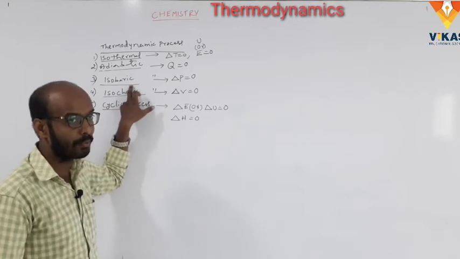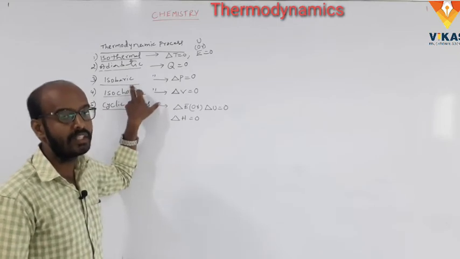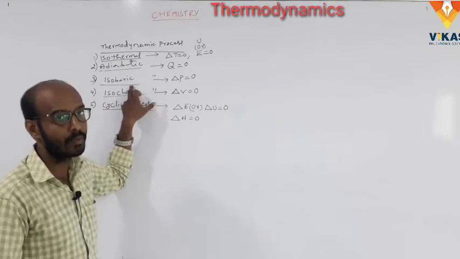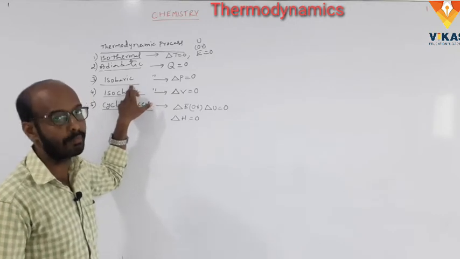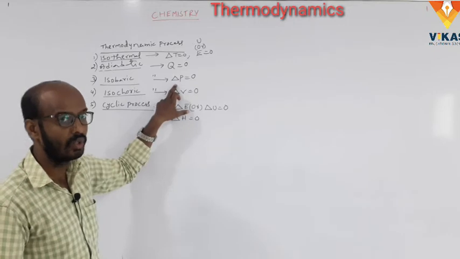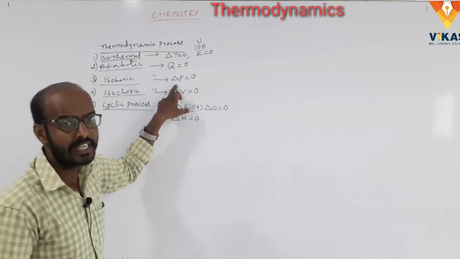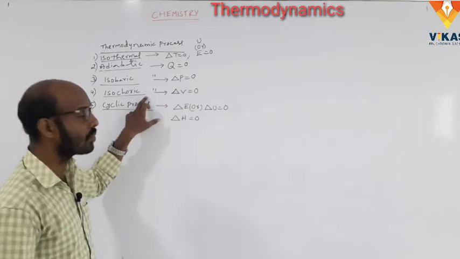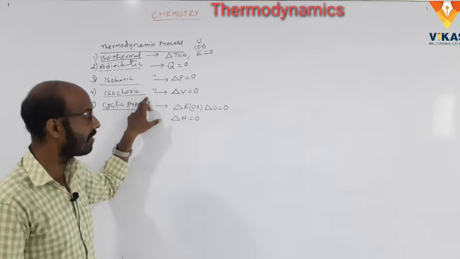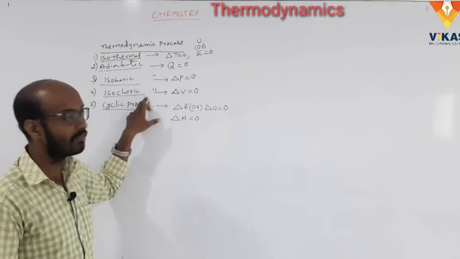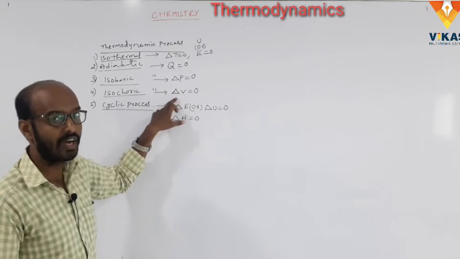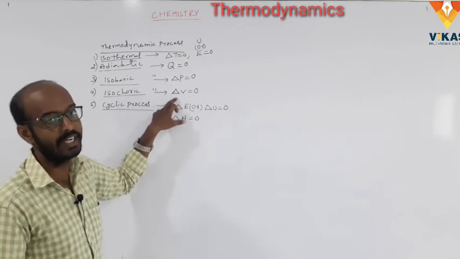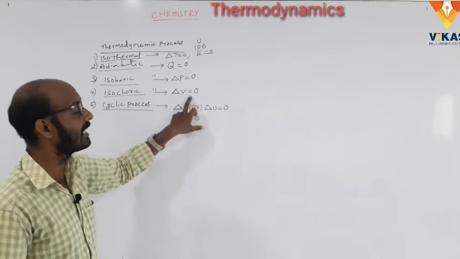In the isobaric process, the pressure is constant. There is no change in the pressure in the total procedure, so delta P is equal to 0. In the isochoric process, volume is constant, there is no change in the volume in the entire procedure, so delta V is equal to 0.